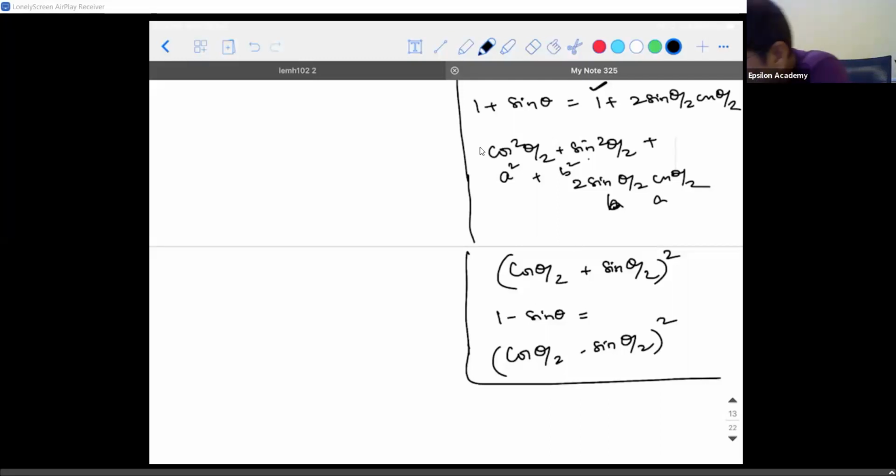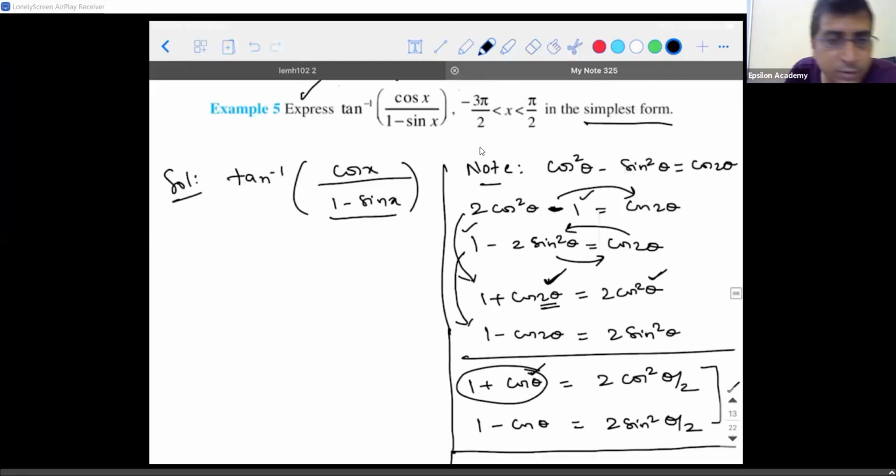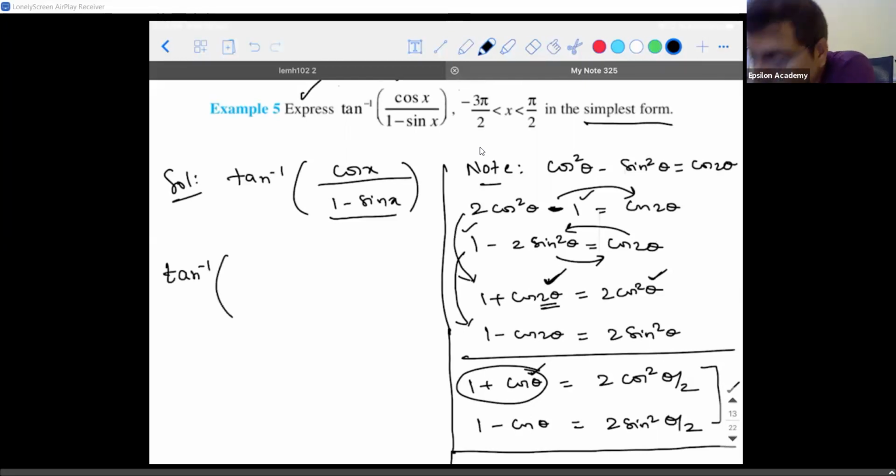Now my job is to use all these things in this. See, tan inverse of, logically, you guys told me that I need a tan inside. So I will get a tan inside only if I have the format of sine by cos. So here I have cos x.